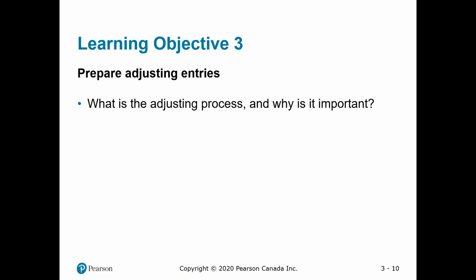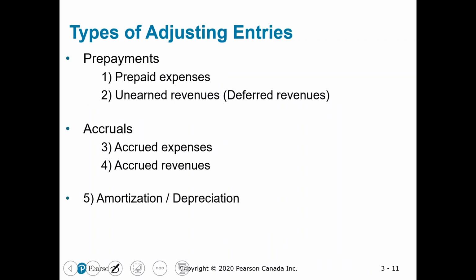So over the rest of the chapter, we're going to look at these different types of adjusting entries. These are the 5 types of entries we'll look at. The first category is prepayments. And the 2 types of entries we'll look at here are prepaid expenses and unearned revenues.